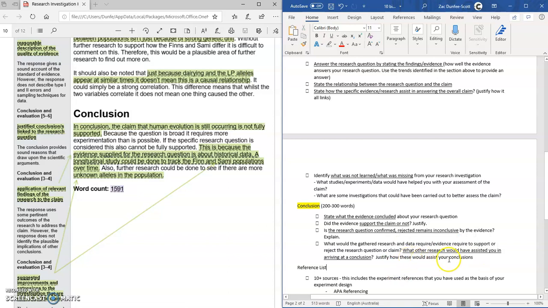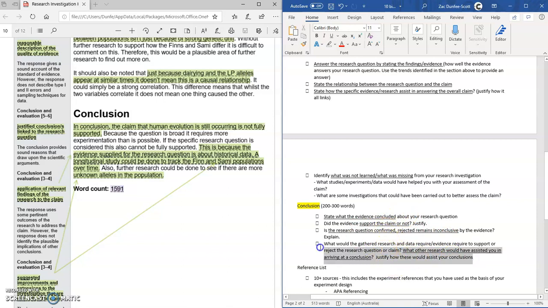Okay. Even if you got to the claim was supported and your research question was confirmed, and you have decided that there was enough evidence there to answer your research question, and enough evidence to clearly confirm your claim, then you can still say what other research would have assisted you even more easily at arriving at this conclusion, or what other research is there to help build on what you have and more strongly make that link.